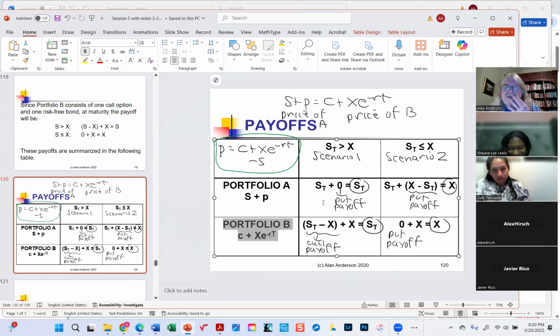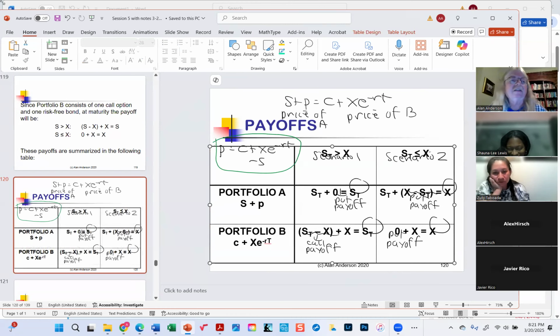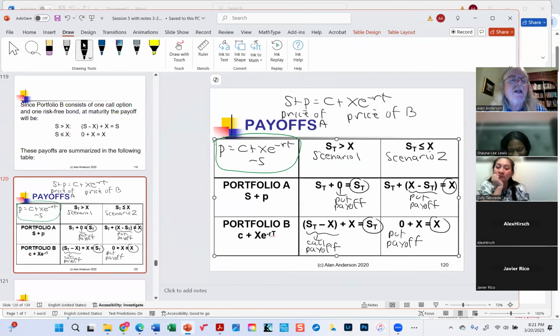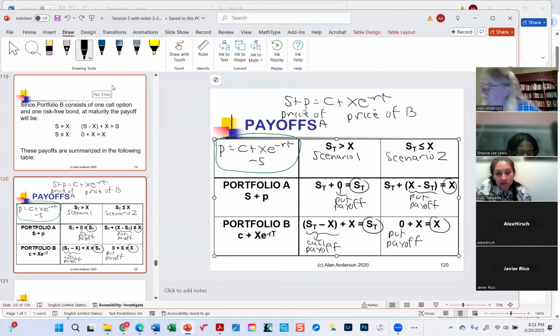So what we need to consider, and by the way, I'm using this notation S_T. This is the stock price on the maturity date, to distinguish it from the current value, which is called S. So in other words, I just want to make it clear here that S is the current stock price.